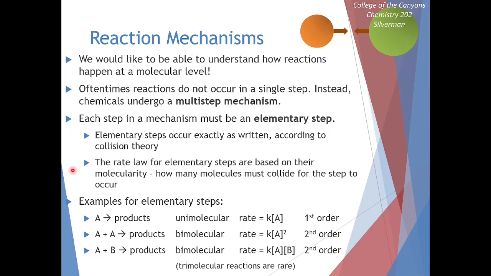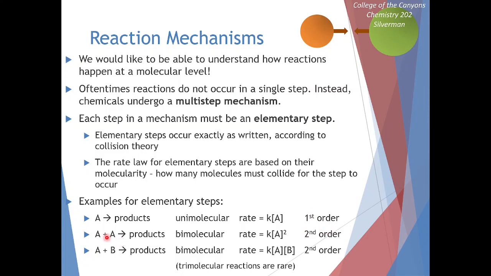If these are the exact collisions that need to occur, well, we can determine the rate law for those steps in our mechanism because the collisions that are occurring need to follow this pattern. Whenever we have a single reactant turning into our products, well, this is just one molecule existing. This is going to be what we call a unimolecular reaction. This is going to be a first order reaction.